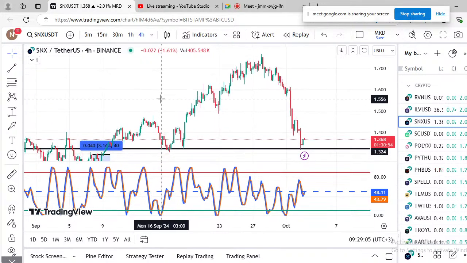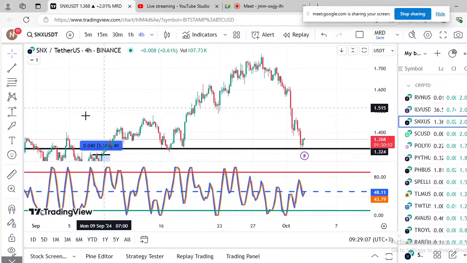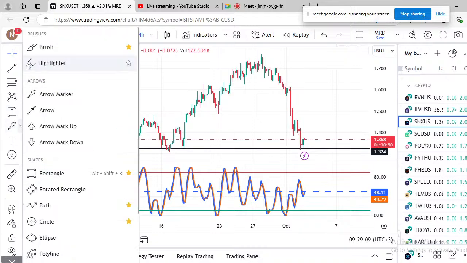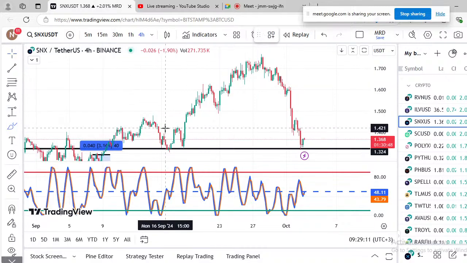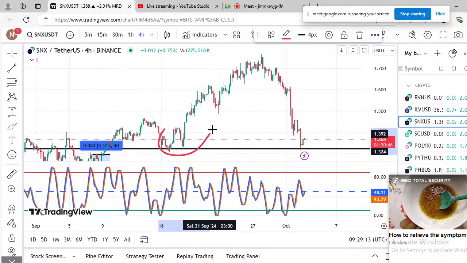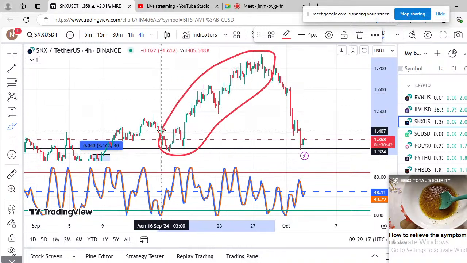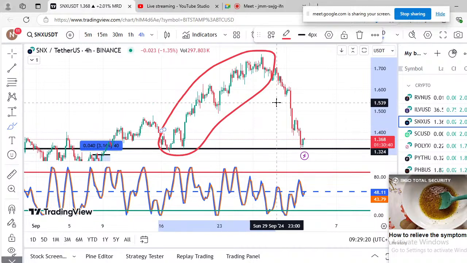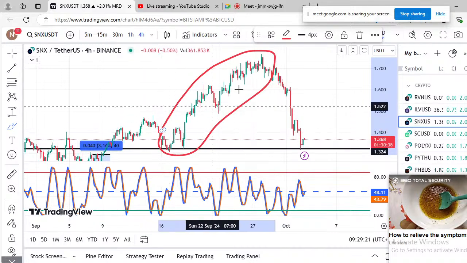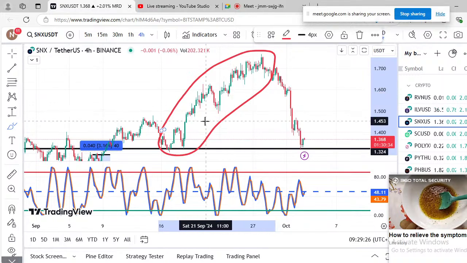Don't trade blindly. Now, let us first look at this point. We can see market moving from here, forming a new high, forming a higher high. This is an uptrend.